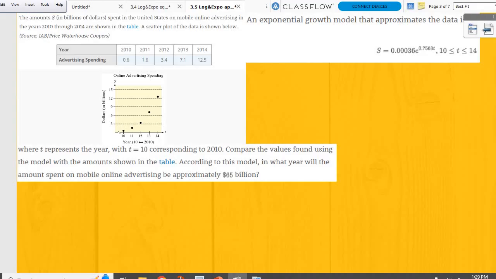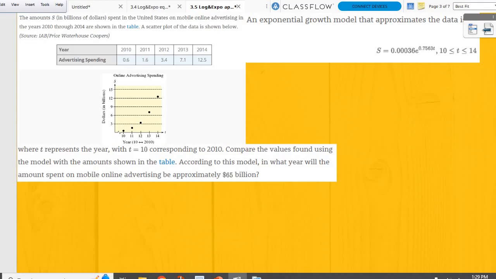So it is S equals 0.00036 e to the 0.7563 t power. So super fun numbers. But with our application problems, most of the time the numbers aren't super pretty, but they still work like we need them to. So they give us a table and a graph, so you can kind of see the exponential growth happening in our graph.